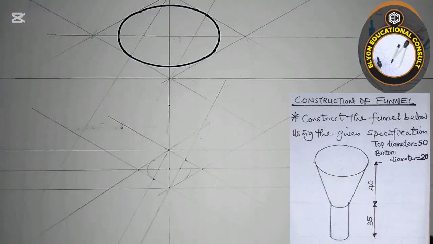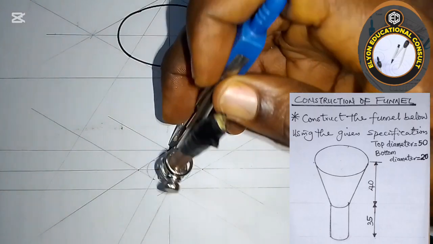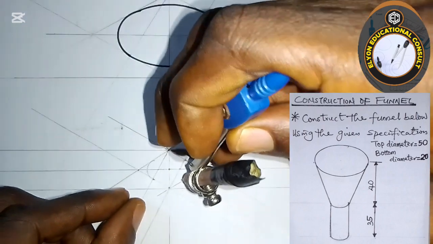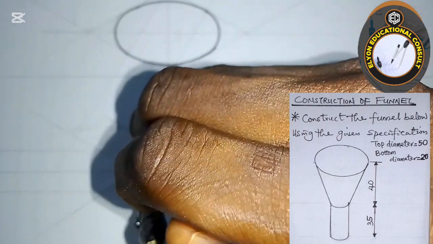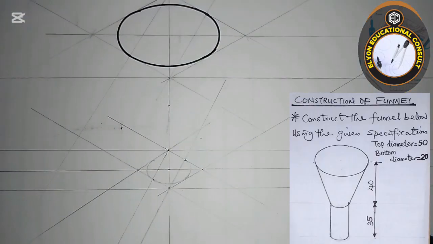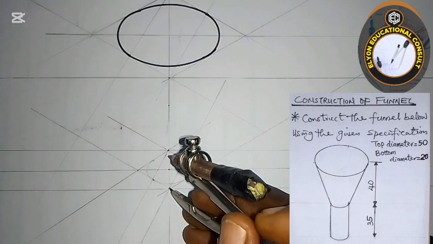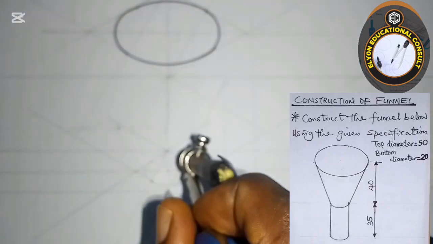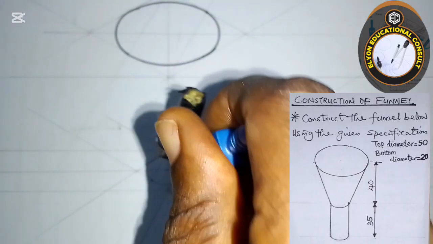So the next thing I'm going to do, then fix it here, stretch to this part, okay, which will connect with that. Okay, then come to this top, bottom, to draw for the top the same compass length, which will give us this.